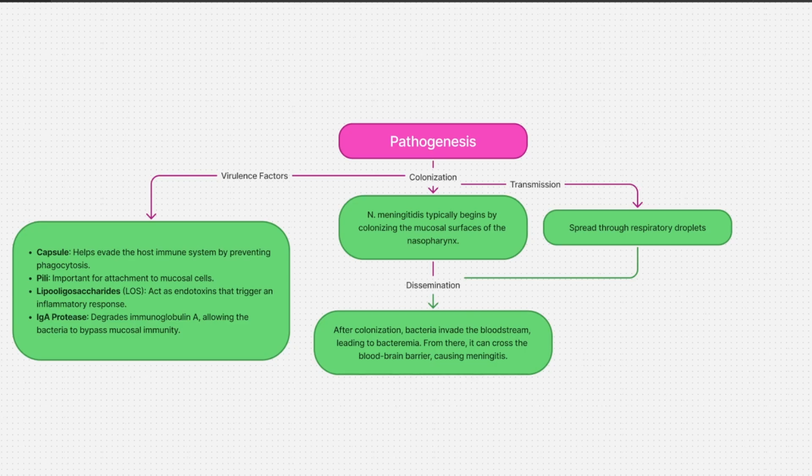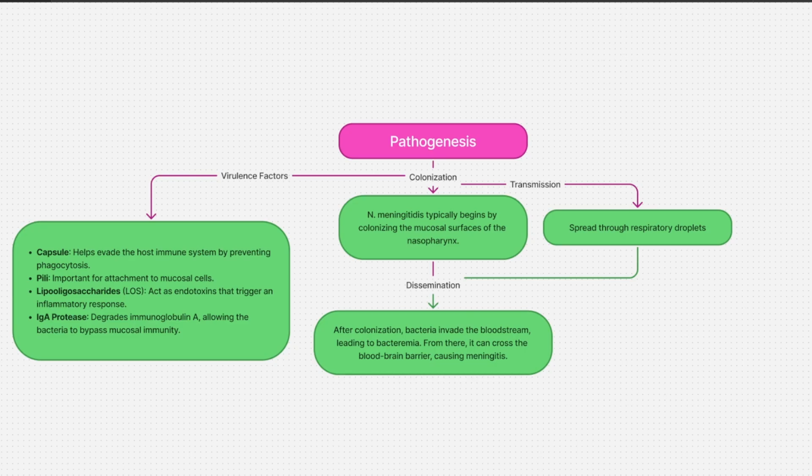The third is the lipo-oligosaccharides. Now, these are endotoxins, and for most bacteria, the endotoxins trigger an inflammatory response. This is what causes meningitis. Basically, meningitis is the inflammation of meninges, and the oligosaccharides are the endotoxins that trigger the inflammatory response.